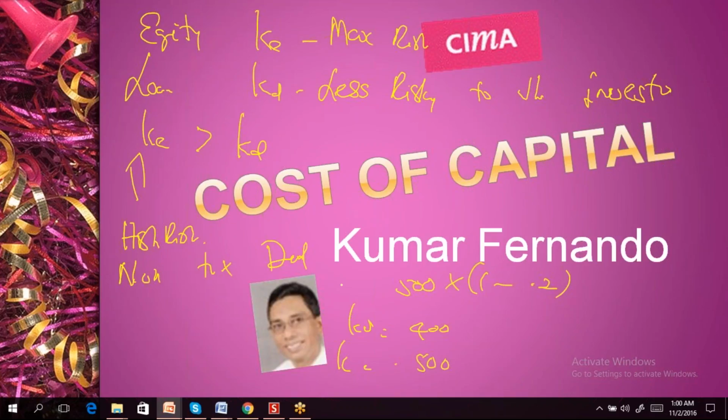So due to these two reasons, you can see that primarily the company takes money from two sources. One is equity, one is debt. The cost of equity is always higher than cost of debt for two reasons. One, equity is more risky. Secondly, equity dividend is not tax deductible.